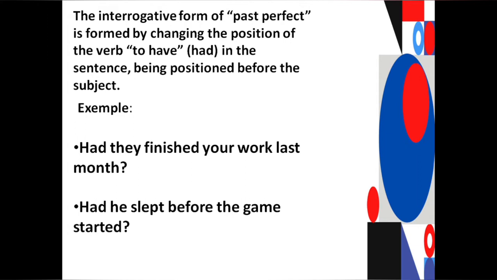They come to the beginning of the sentence. For example: had they finished your work last month? Or, had he left before the game started? No problems here, guys? Please talk to me. I'm alone here. So, let's continue.